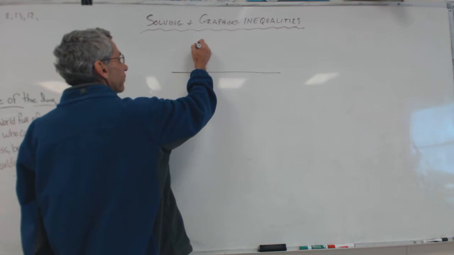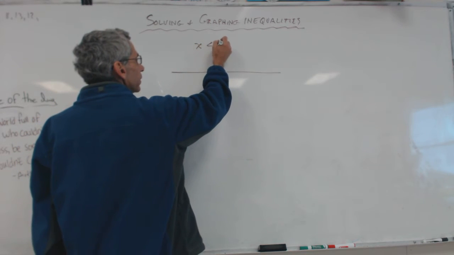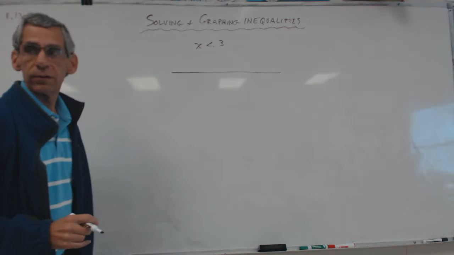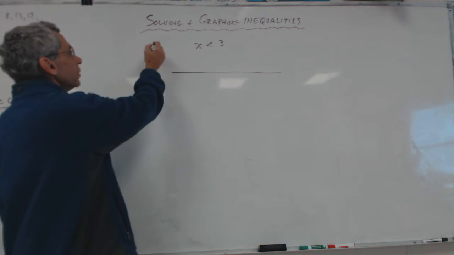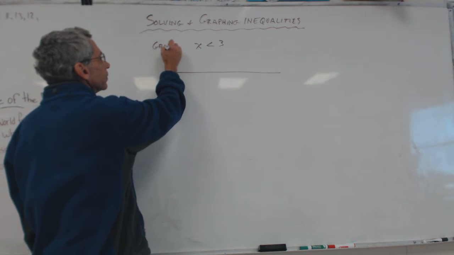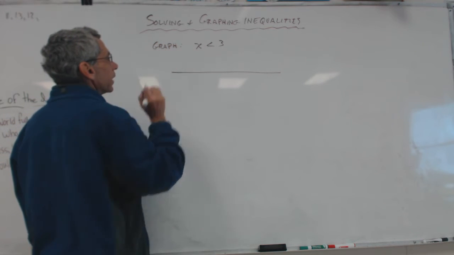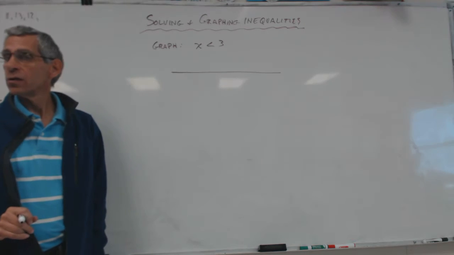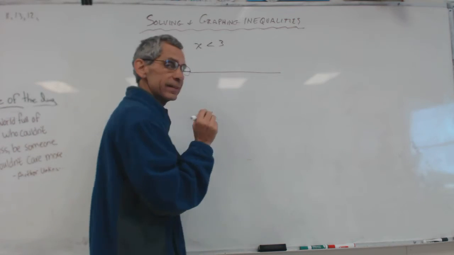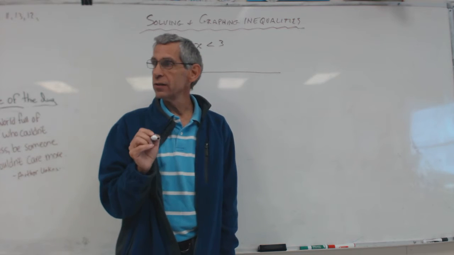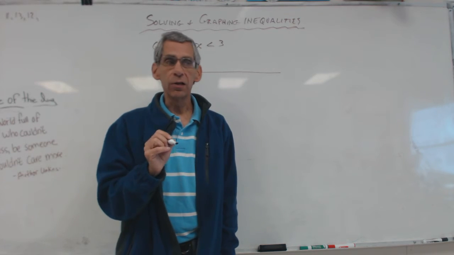I'm going to say graph x is less than 3. Should we write this down? Yes. So I'm asking you to graph x is less than 3. I like to know where 0 is, and I like to know where 3 is.